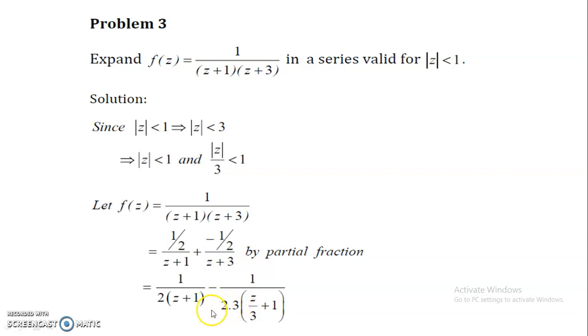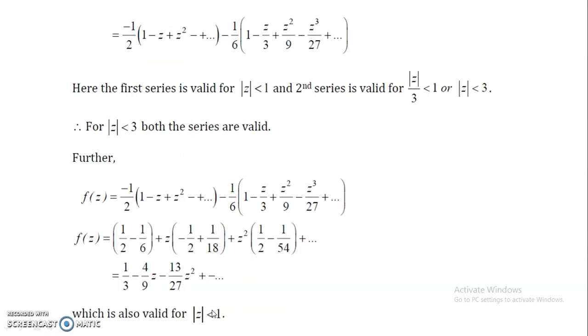So you can expand, split up the terms of this function by partial fractions, and then we have got that form. All the terms should be in the Taylor series form, since all the terms of z are in the numerator. Those two series are in Taylor series form. The first series is valid for mod z less than 1, and the second series for mod z less than 3.